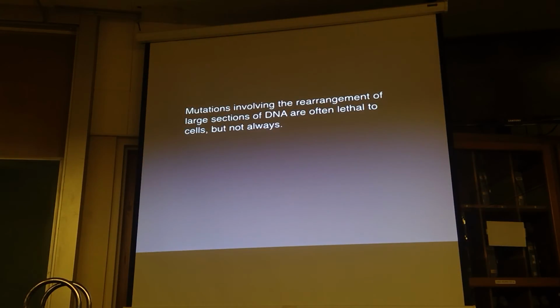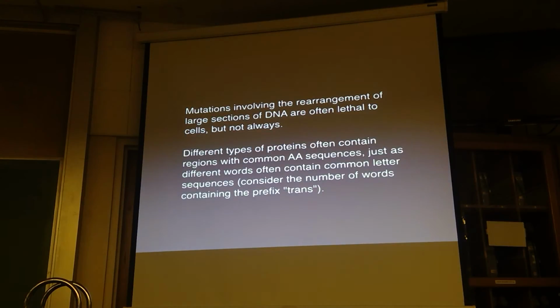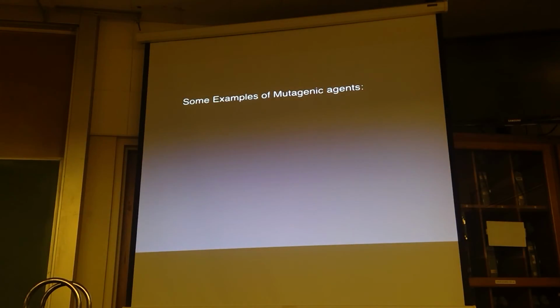So these mutations that involve large sections are most likely to be lethal, but they're not always going to be lethal. Again, because of this recombination business. Which reminds me, when I was talking about post-transcriptional modification, where introns are taken out and exons are connected together, apparently new information suggests that the exons that are connected together aren't even from the same gene.